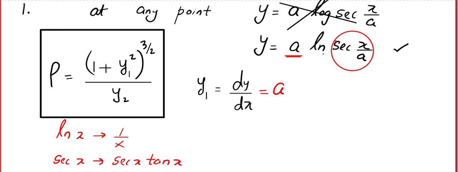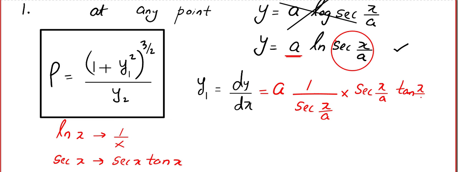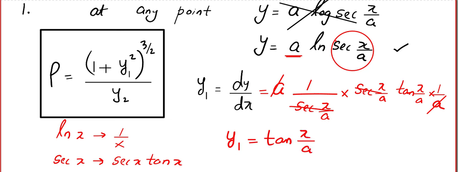What is the derivative of log something? 1 by the same thing multiplied by the derivative of the quantity inside that circle. That will be sec x by a tan x by a multiplied by, what is the derivative of x divided by a? Yeah, 1 by a. That's it. Cut, cut. So let's write it a little bit neatly. y1 is equal to tan x by a.